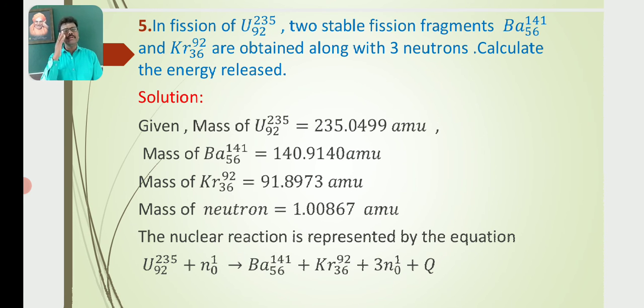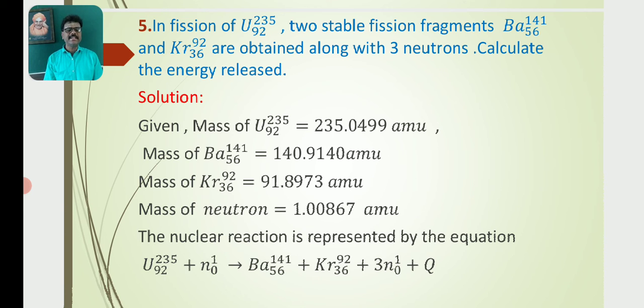Here given uranium 92-235, a radioactive, unstable element, which splits up into 2 fragments, barium 56-141 and krypton 36-92, along with 3 neutrons. Then calculate the amount of energy released in this process.